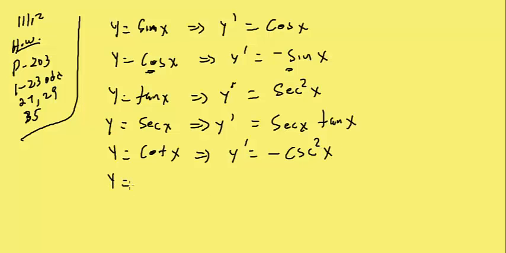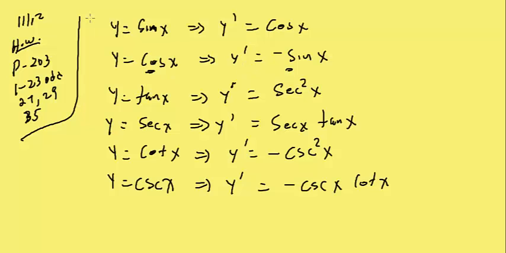And if y is equal to cosecant of x, then y prime is negative cosecant of x cotangent of x.